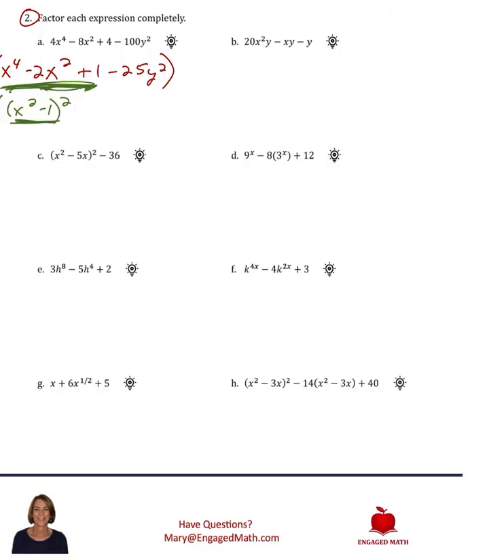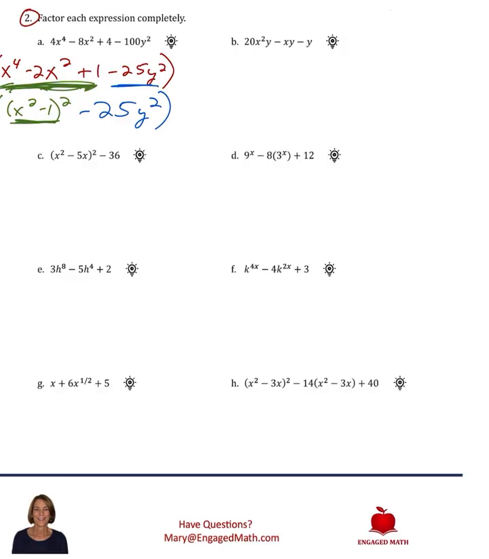Or you could think of it as an AM problem if you prefer, and just know that it's x squared at the beginning instead of x, because it's an x to the fourth that we have to get when we multiply. Now I'm going to underline this so you can see I still have the minus 25y squared. I'm keeping that in blue so it's really clear.